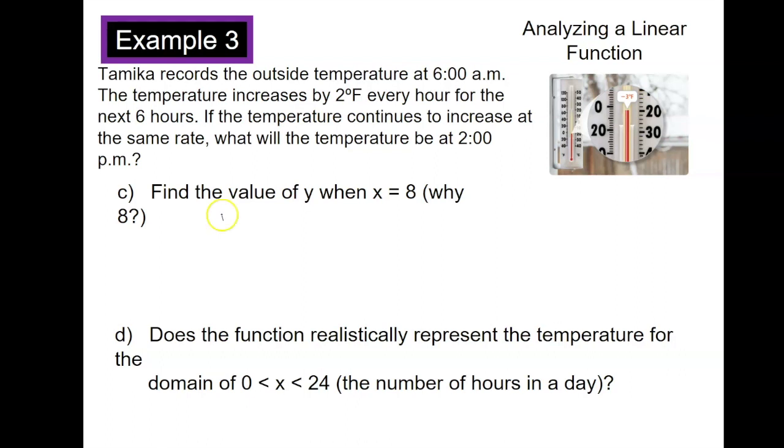You can plug this in, see what happens, and if you didn't come up with something, maybe this will help. y equals 16 minus 3, which gives us 13. So assuming the temperature continues to increase at the same rate, the temperature at 2 p.m. will be 13 degrees Fahrenheit. The graph of the function f of x equals 2x minus 3 is a line. A linear function is a function whose graph is a line.